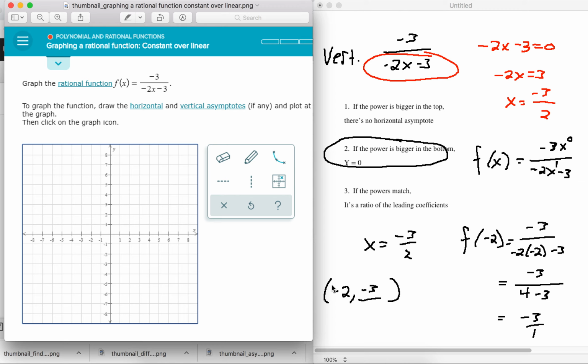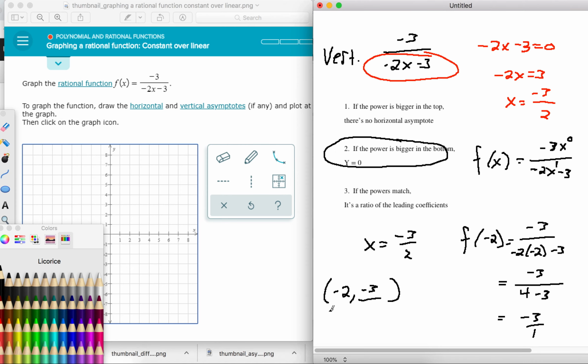I think they do need another point. So you want to cross in an integer somewhere where it crosses perfectly. Let me see what else we could do. If you plug in just the next one to the left, if you plug in -3 in for x, that's something to the left of this. Do the same thing.